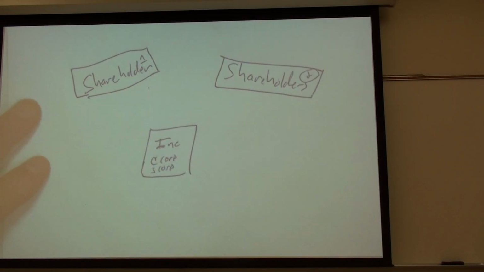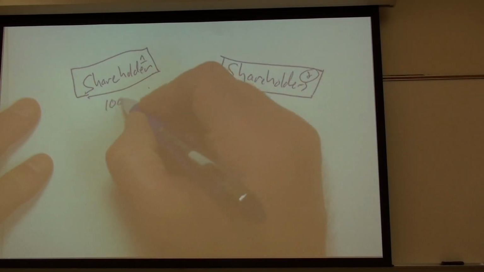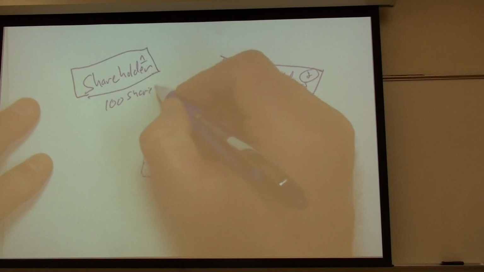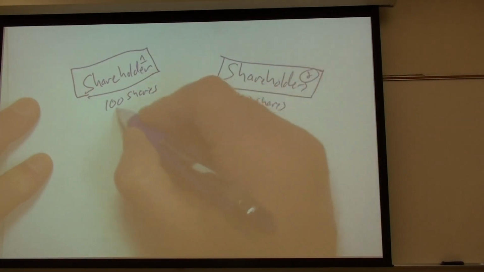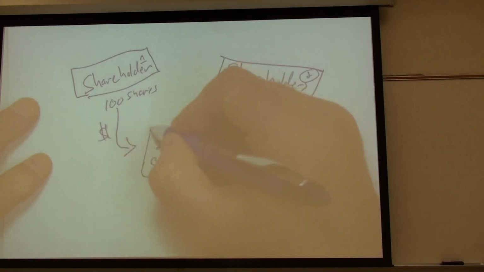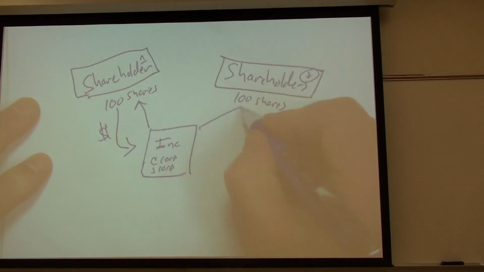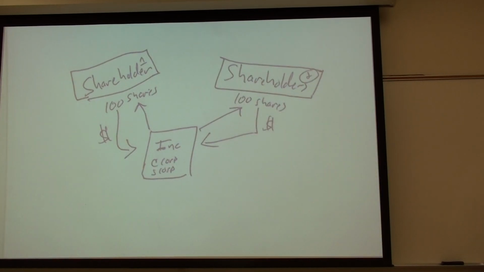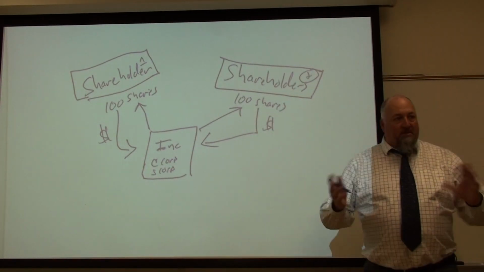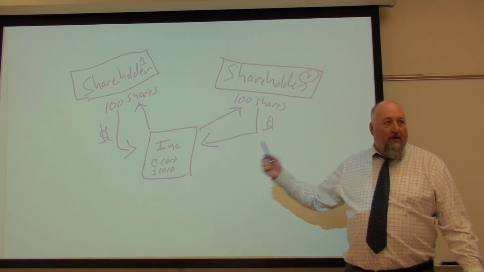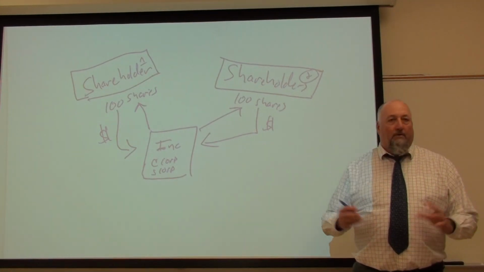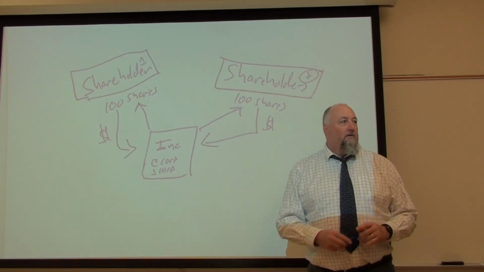So let's say each shareholder has 100 shares of stock. They put money in, and in exchange they get shares of stock back in the corporation. S Corp, C Corp, same thing. Publicly traded, same thing. I go buy Apple stock, I'm now a shareholder. That means I'm a part owner of Apple, albeit a very small one.